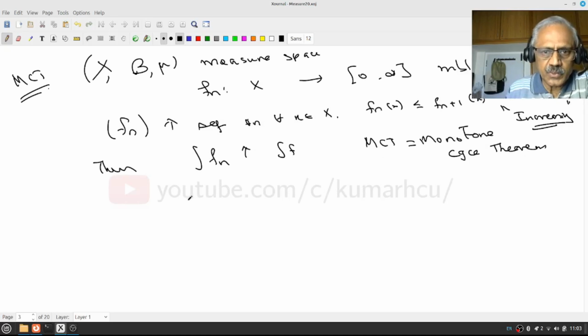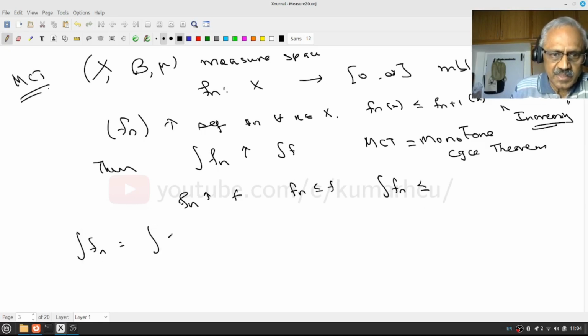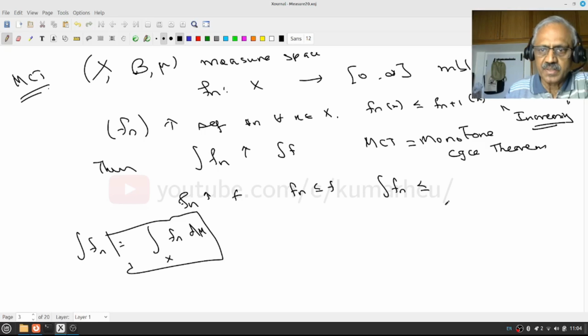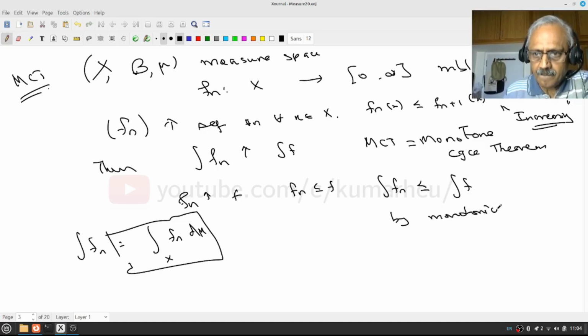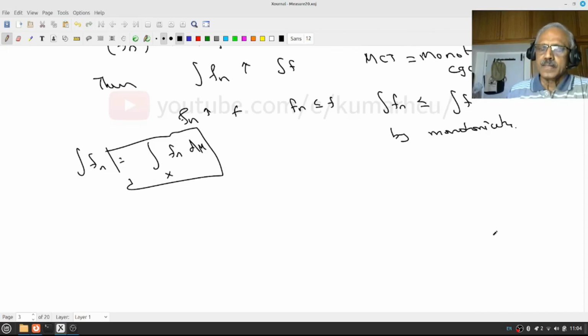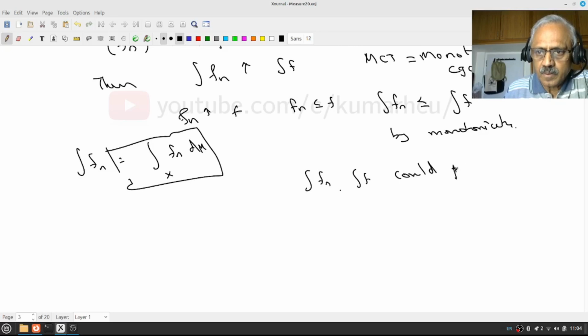A few things we should notice. Since Fn increases to f, Fn is less than or equal to f. Then by monotonicity, which we already proved, the integral of Fn is less than or equal to the integral of f. Whenever I write integral of Fn, it means the integral of Fn d mu with respect to x. I will use only the shorter notation. Second, remember that the integral of Fn and the integral of f could possibly be infinity.